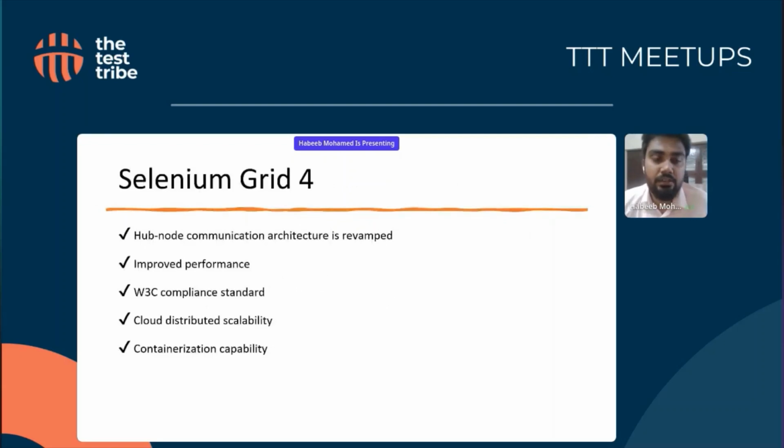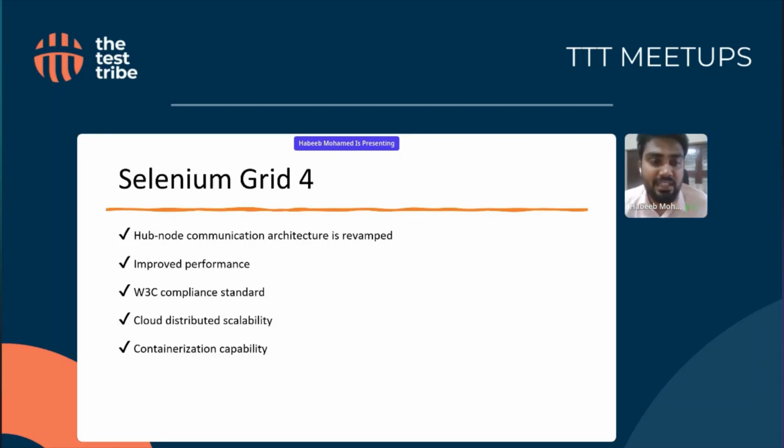Whenever we talk about Selenium Grid in the implementation phases in the upcoming slides, we are purely going to talk about Selenium Grid 4. We will never touch upon the previous versions, what the Selenium Grid 4 advantages are, or how it differs from previous versions. Why?